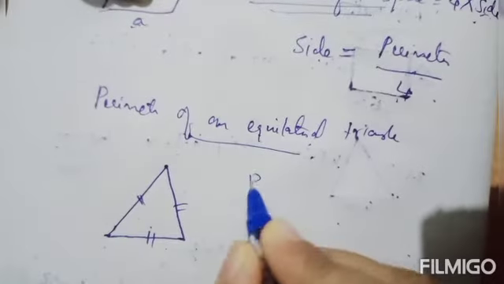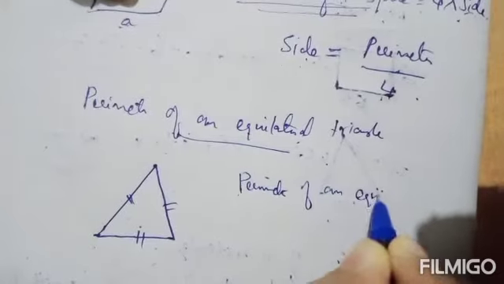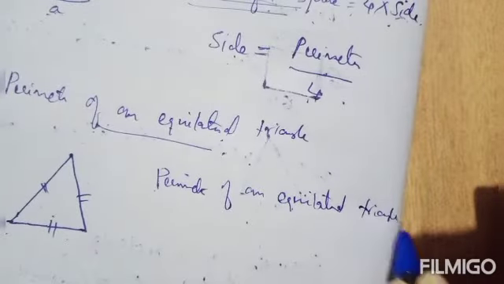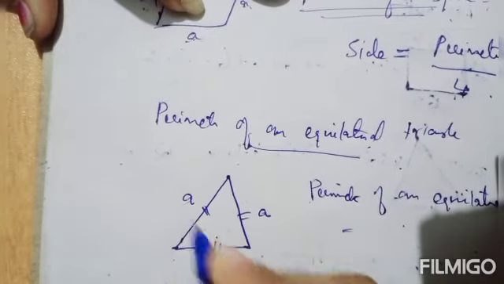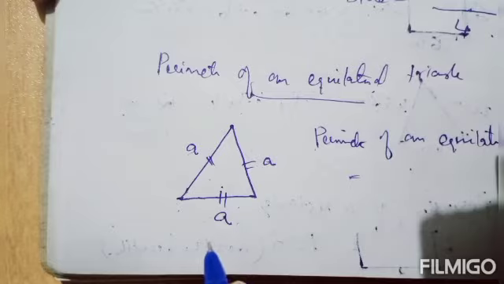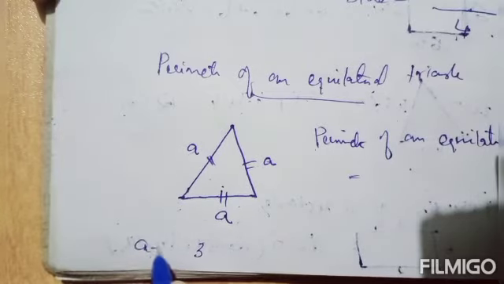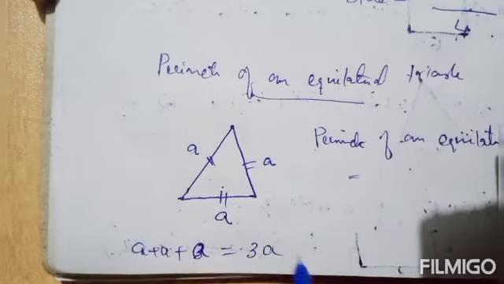Okay, now the perimeter of an equilateral triangle. You know, an equilateral triangle has 3 equal sides. If this side is A, this is also A, this is also A, then the perimeter will be A plus A plus A, that is 3A.